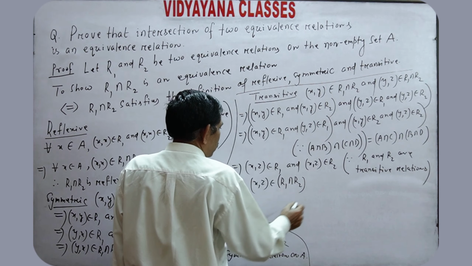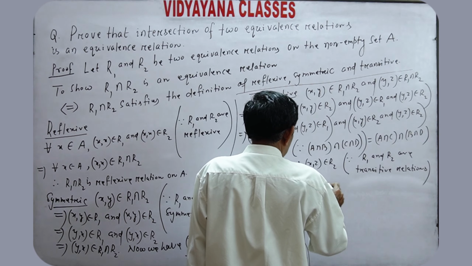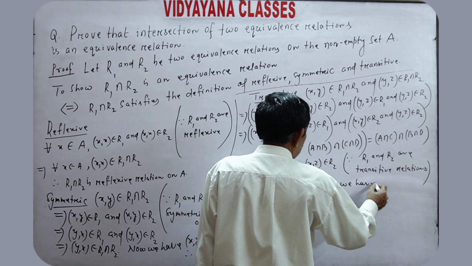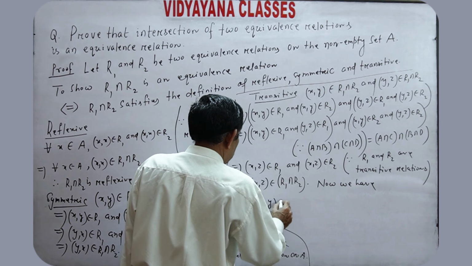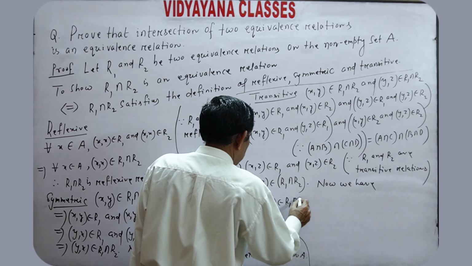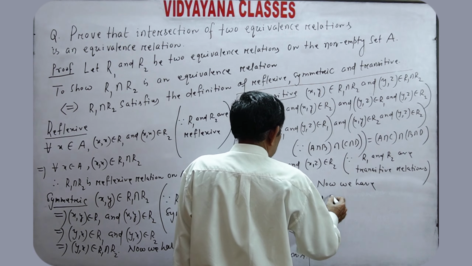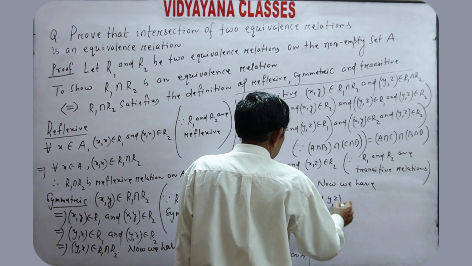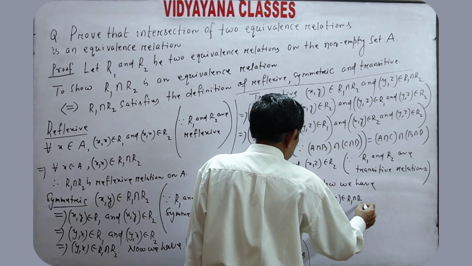Now we have XY belongs to R1 intersection R2 and YZ belongs to R1 intersection R2.